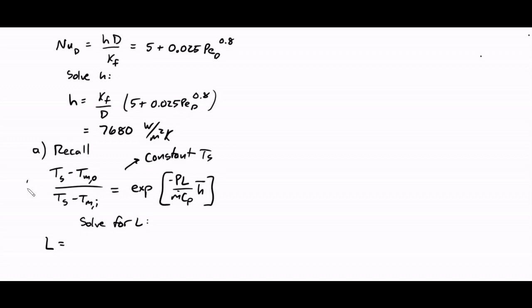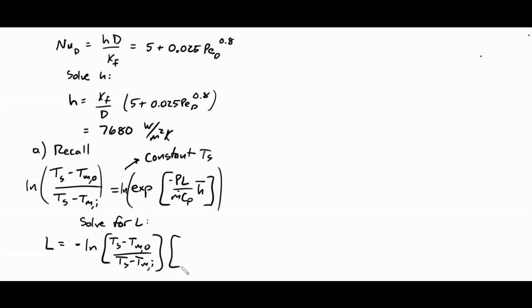In order to do that, we're going to take the natural log of both sides, canceling our exponent, and then solve for L, which will give us L is equal to the negative natural log of our temperature terms times, moving all these constants over, m dot Cp over the perimeter times the average convection heat transfer coefficient.